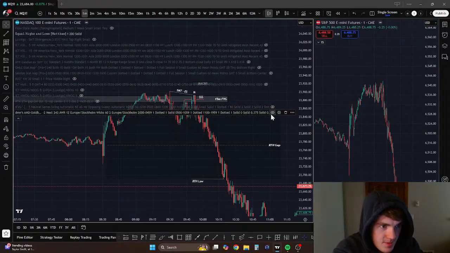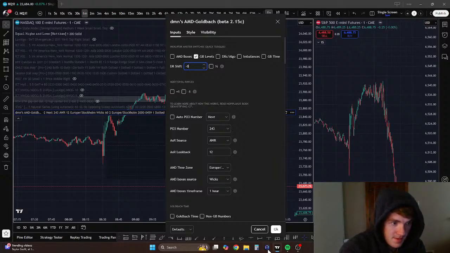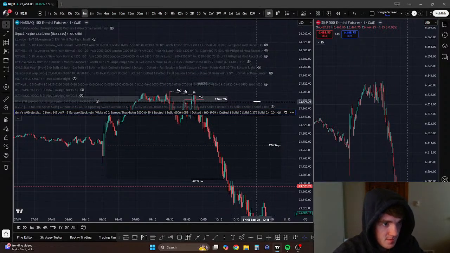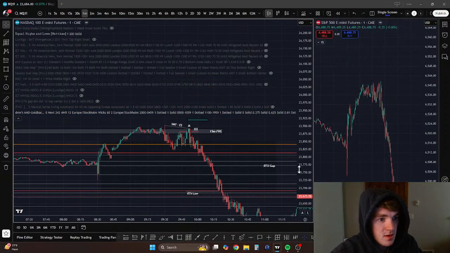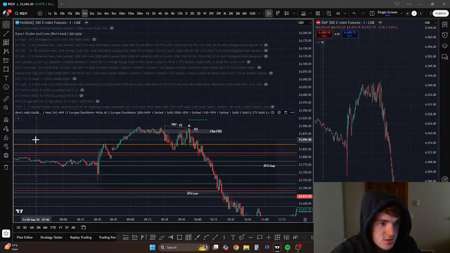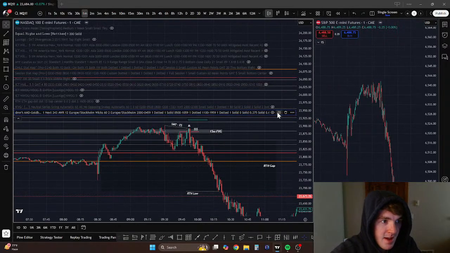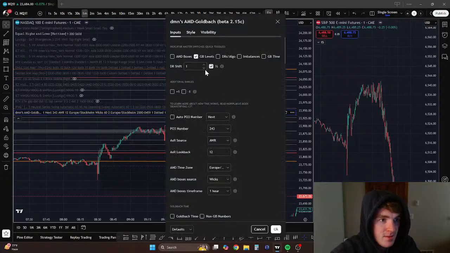Let's see how the gold block dealing range fit in with this. Alright, let's bring this up one. What? It's not on half settings? Why?